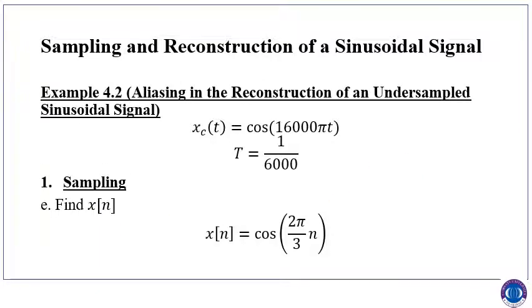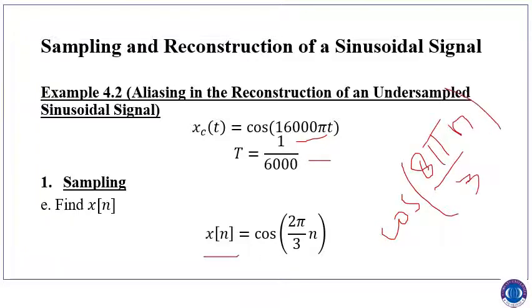So let's move on to the next slide. We have also seen that this is the omega naught and this is the sampling time, and if we select this sampling time, undersampling will occur and aliasing will occur. x of n is equal to cos 2 pi by 3 n, and cos 8 pi by 3 n, both are equivalent.